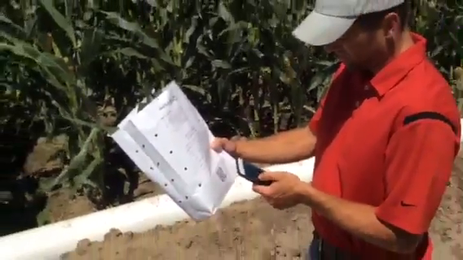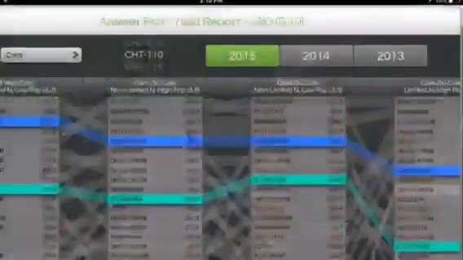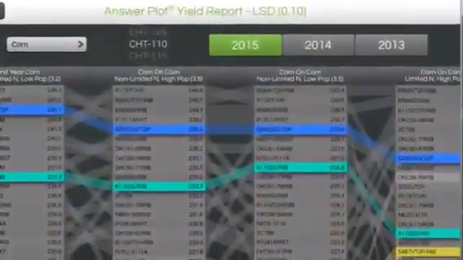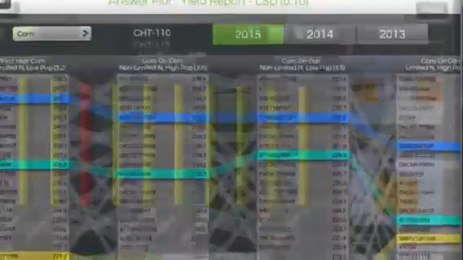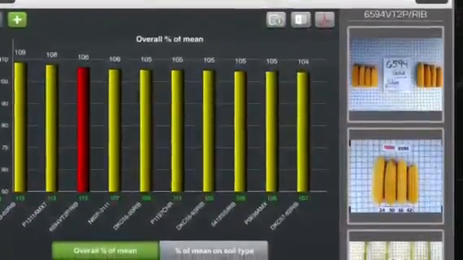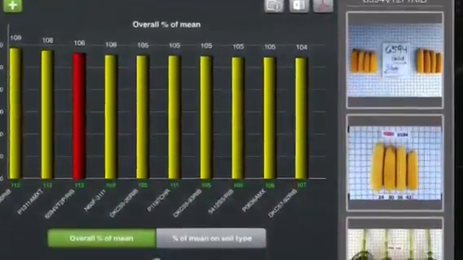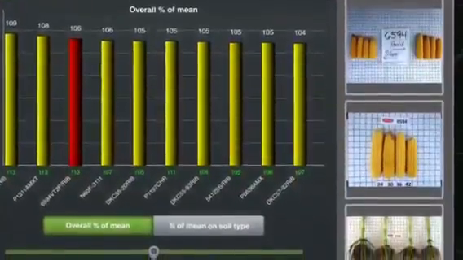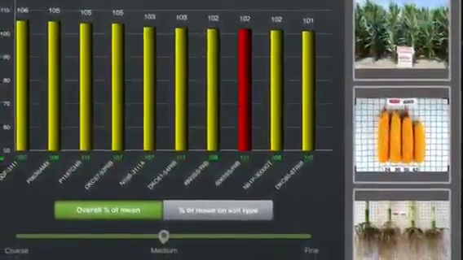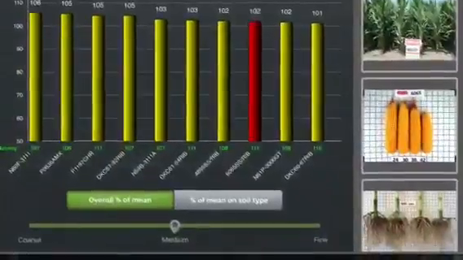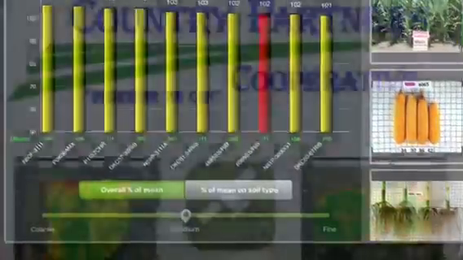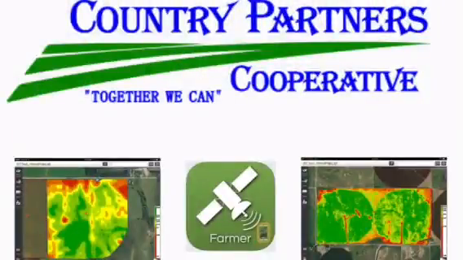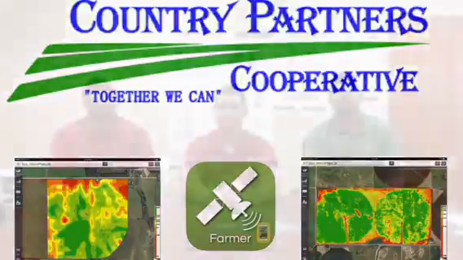But the other things that are in there take those 2 million data points from the answer plot system and put them in a tool that's really easy to understand and just show us that it's not about placing the plot winners in the field, it's about putting the best hybrid in that particular field and matching that hybrid to its environment to give us our best possible chance of a high yield.